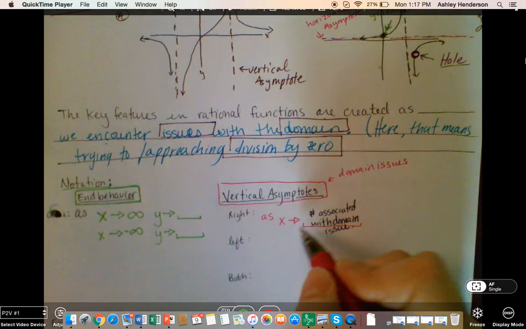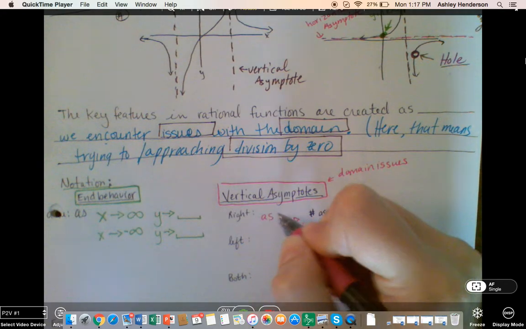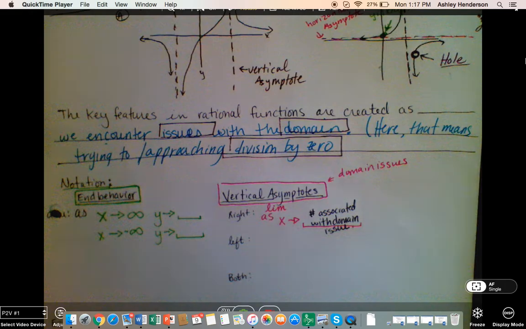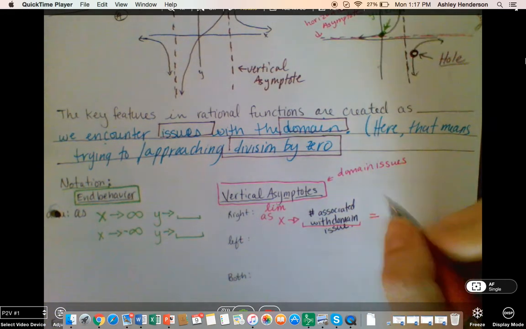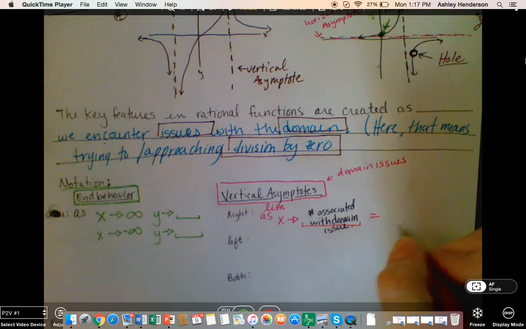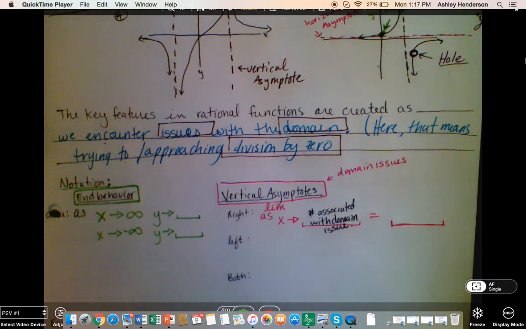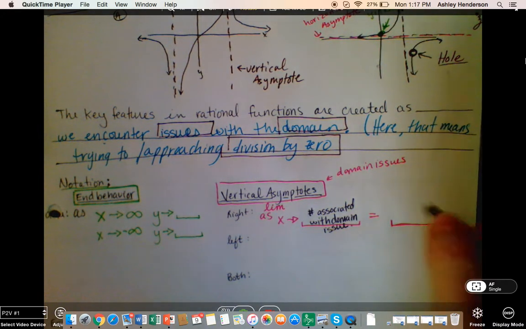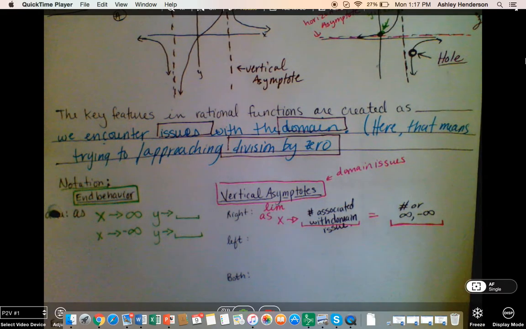So as x approaches whatever that number is, and then we're going to say the limit as x approaches this thing, and then we're going to put equals, and sometimes we get a number, but other times we get a concept, like positive infinity or negative infinity.